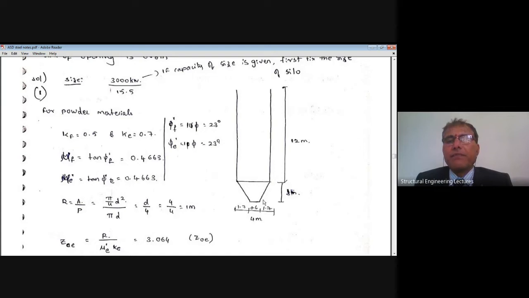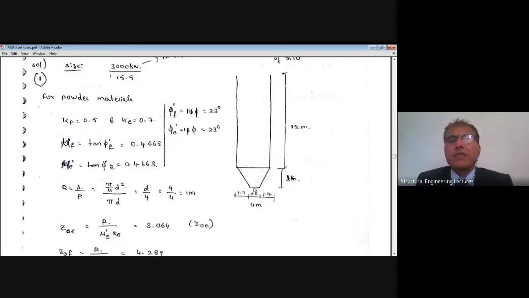If I deduct this from the diameter of the silo, 4 meters, I get 3.4, which is divided into two equal parts, 1.7 and 1.7. That is the width. Then this height is equal to 3 meters.